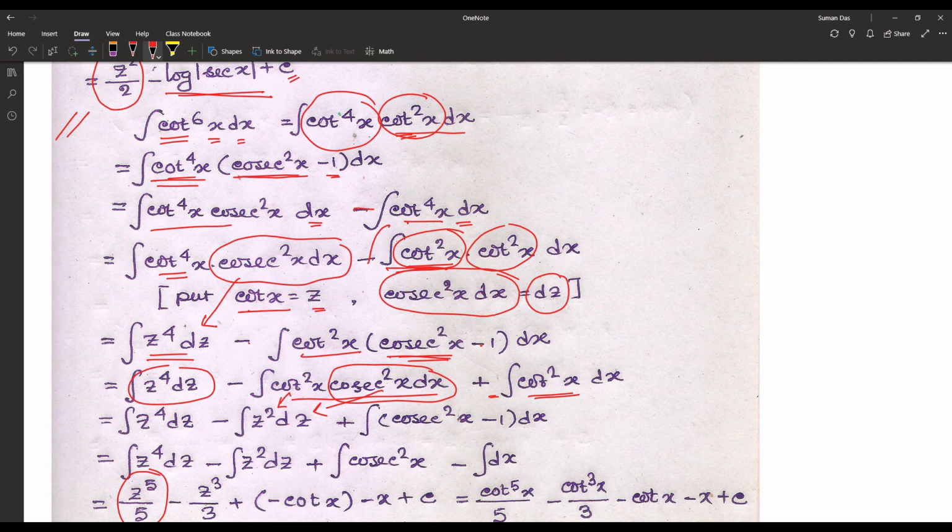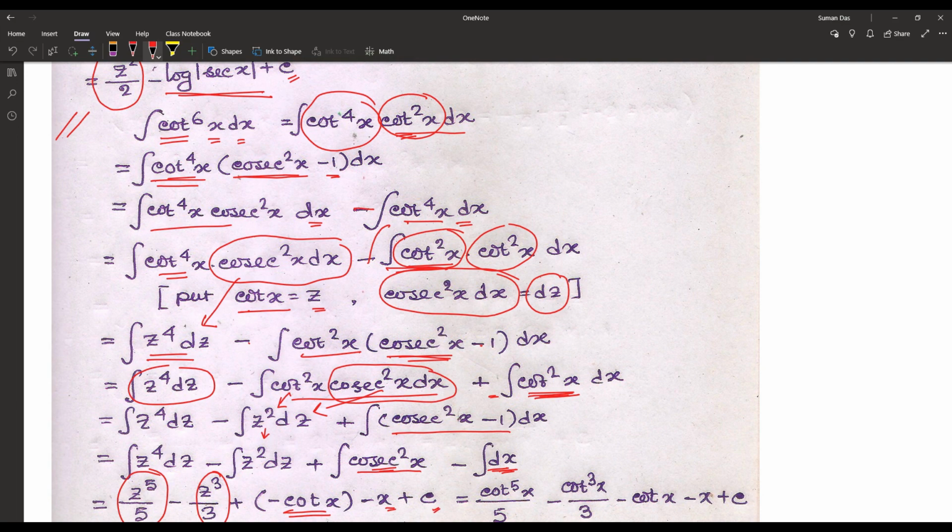Now the final one, cot square x, we can write as cosec square x minus 1, so that one can be written as z square dz. After simple integration this gives us z cube by 3. Integration of cosec square x gives us minus cot x, and finally the integration of dx is x, plus the integration constant.